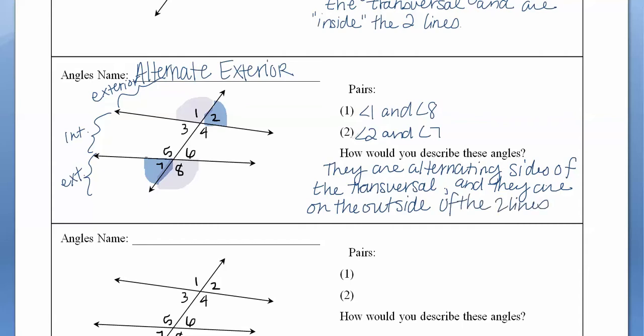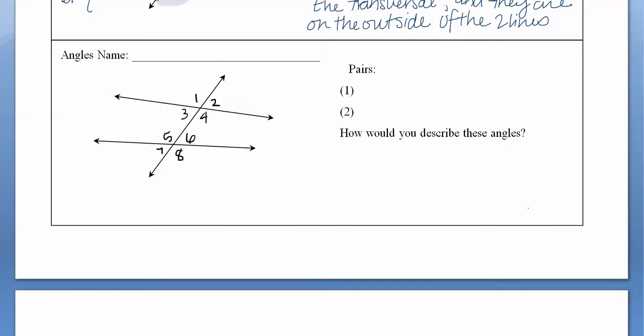Okay, next, last one here. Now the last one here is going to have 2 different names. One is consecutive interior, and the other name is same side interior. So we know by the word interior they're going to be on the inside here.